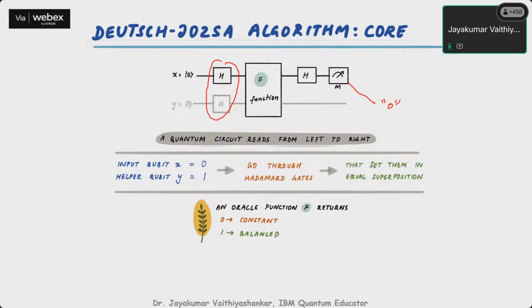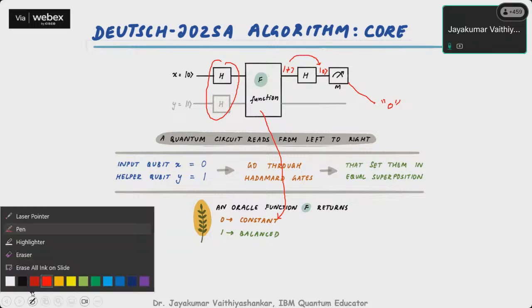It means whatever happens over the Hadamard gate, you should reach state 0 over here. It means you need to have the positive state. From the positive state, if you apply Hadamard, you'll get state 0. So you will get the positive state if your function is constant. In the other case, I'll try to change the color.